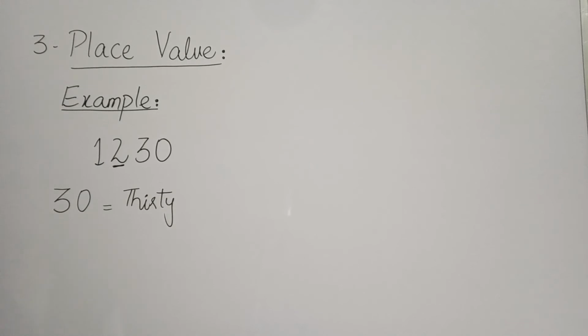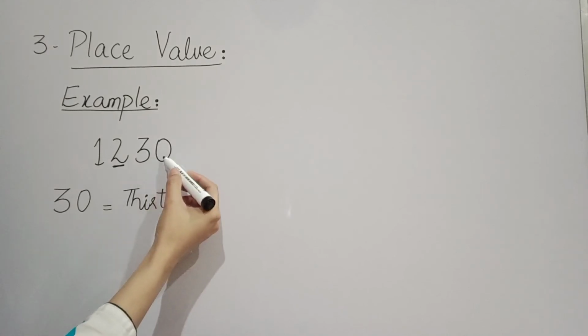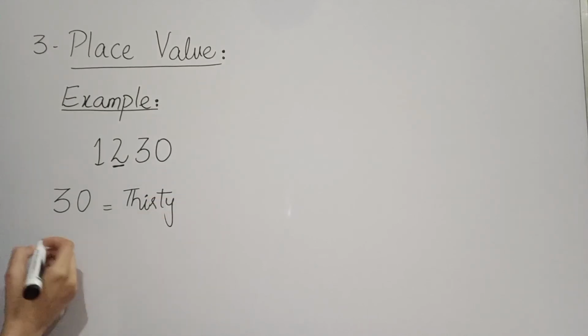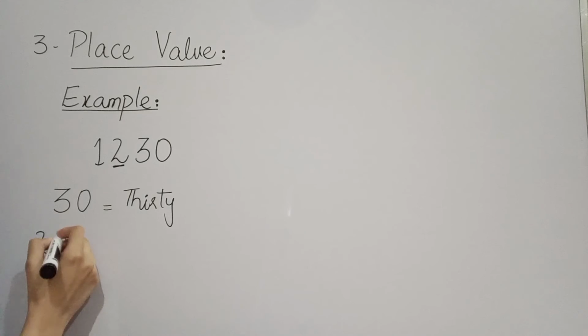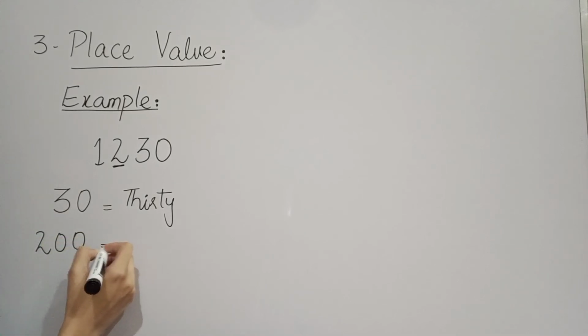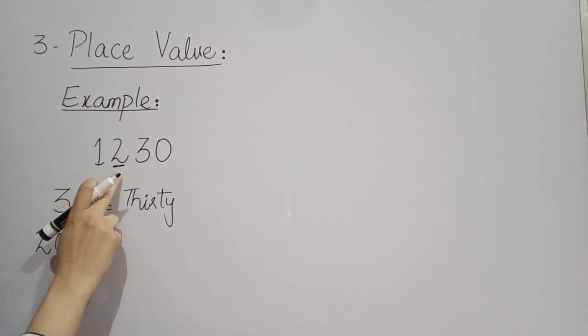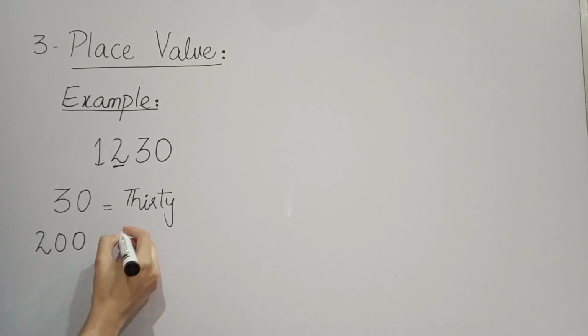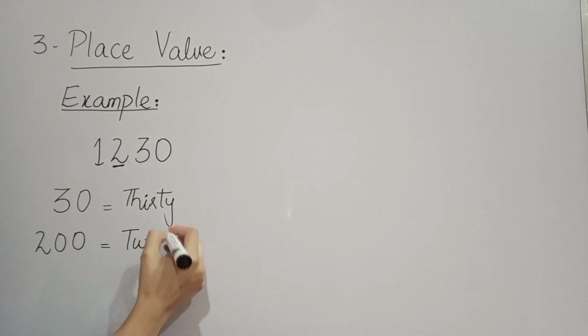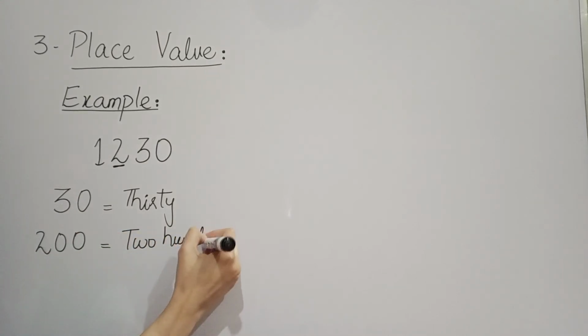How many digits are there after 2? Let's count. 1 and 2. So we will add 2 zeros after the digit 2, which makes it 2 hundreds.